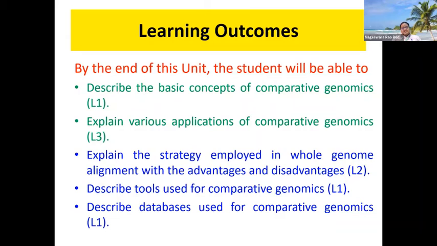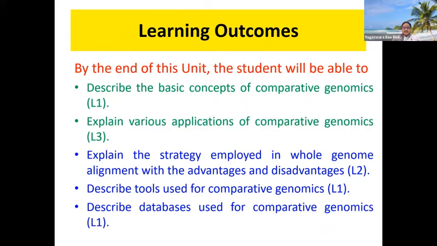Once we have a methodology, we require tools which are based on it, isn't it? We have several tools available for comparing genomes, and we'll learn how to use these tools to align genomes and apply them as per the requirement.